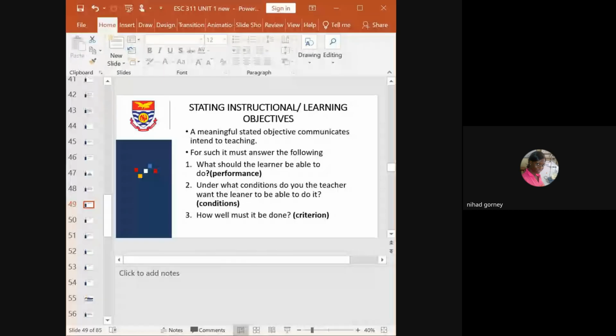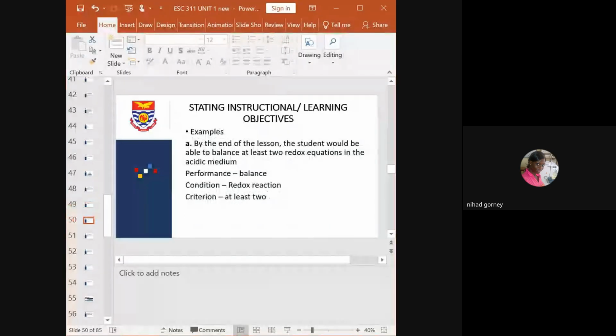Okay, now, so we have an example. So you have seen performance, conditions, and criteria. An example: by the end of the lesson, the student would be able to balance at least two redox equations in the acidic medium. So that's our correction: you use would, not should. In terms of performance, the word is there.